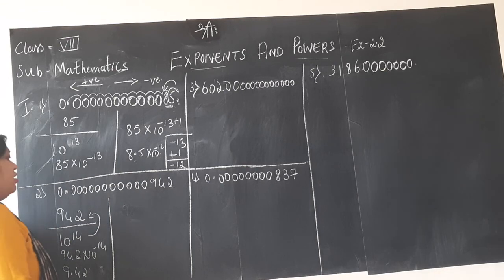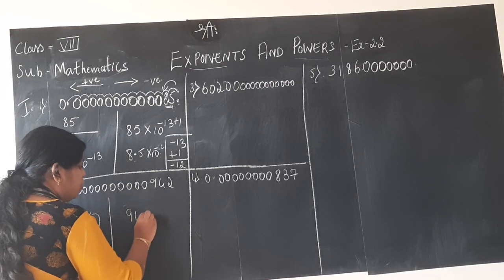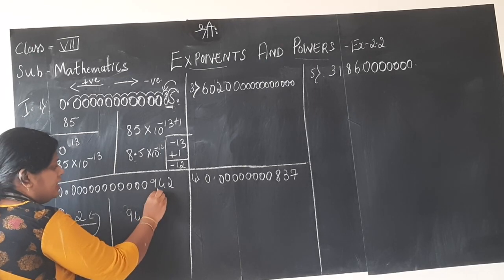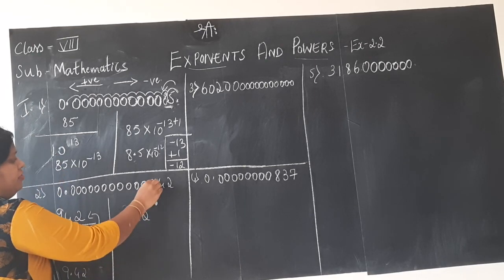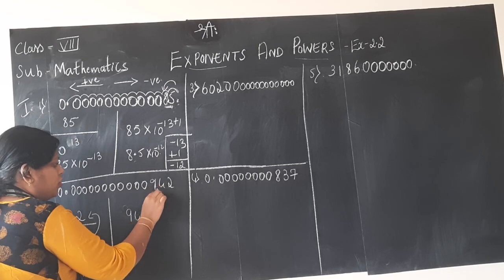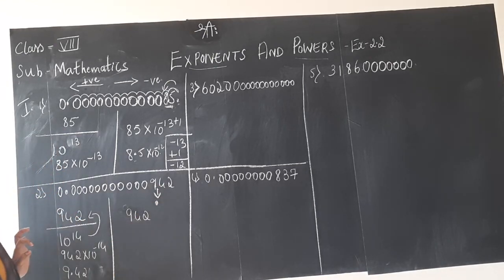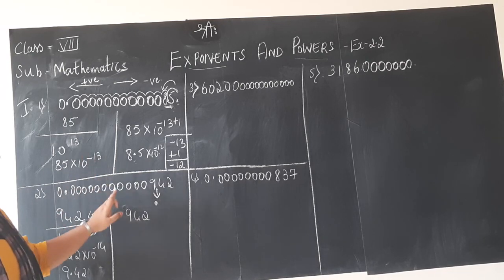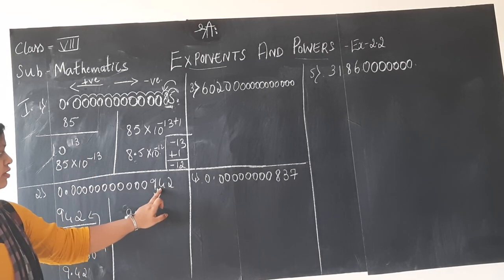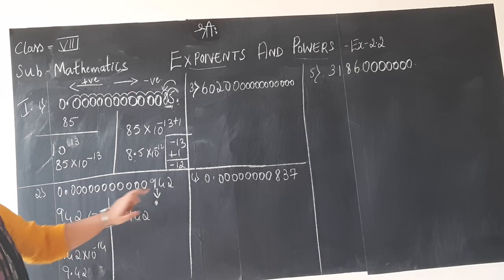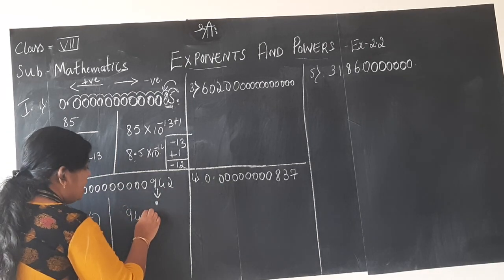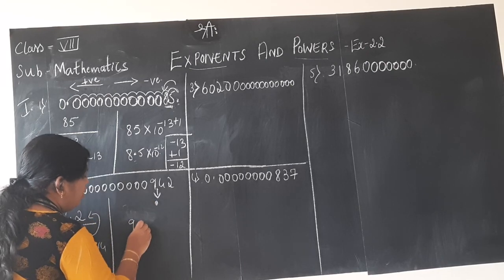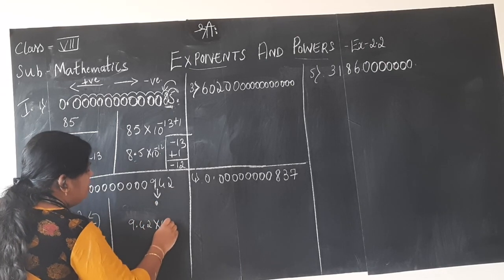In order to make 942 as 9.42, I want the decimal point after 9 and before 4. Where is the decimal point right now? It is here. How many places should I shift to bring the decimal point here? Then I will write it as 9.42 into 10 to the power.